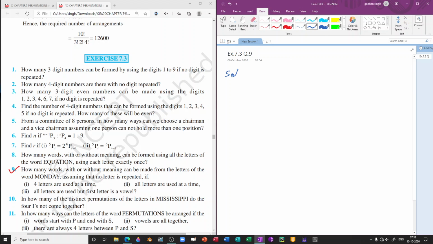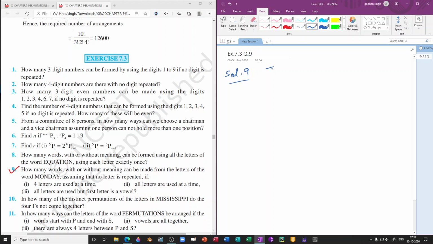So solution of question number 9. The word which we are having is Monday. How many letters are there in the word Monday which are distinct? 1, 2, 3, 4, 5, 6. So there are 6 distinct letters.